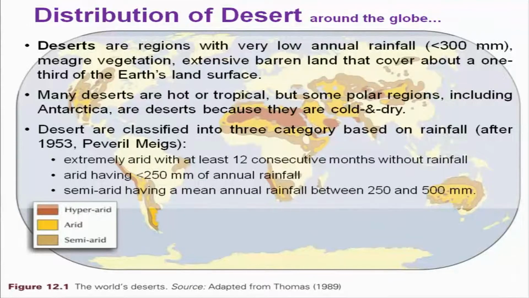So, these are the 3 areas, and based on this rainfall pattern, one can classify the deserts, and mostly the extensive deserts are in hyper arid areas.